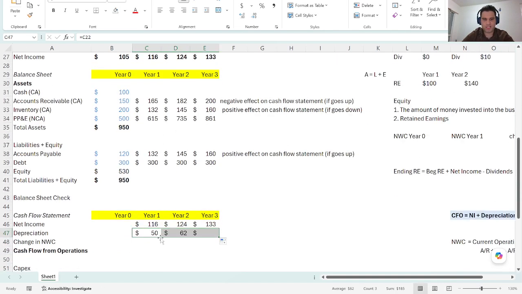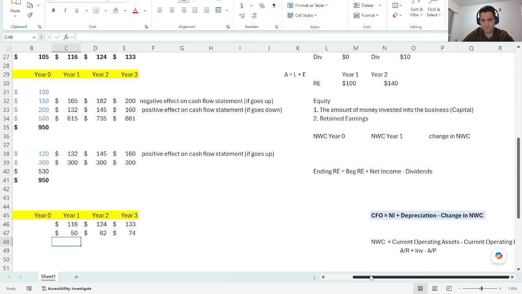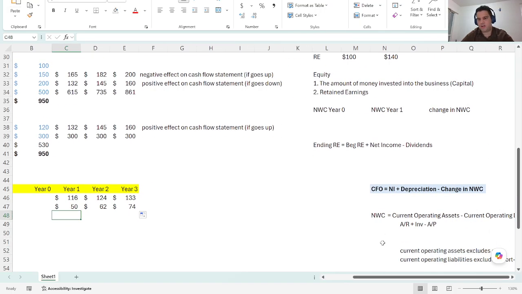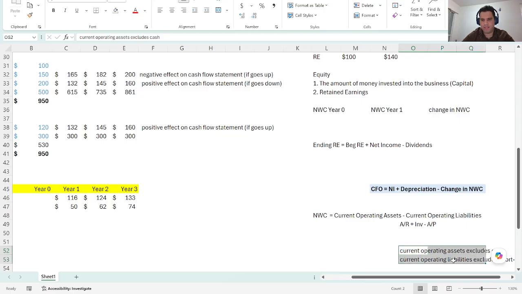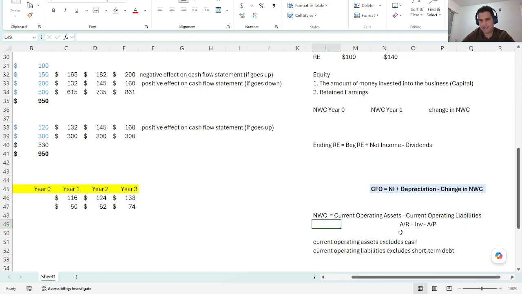And then we've got to do changes in net working capital. Net working capital is current operating assets minus current operating liabilities. The formula for net working capital is accounts receivable plus inventory minus accounts payable.